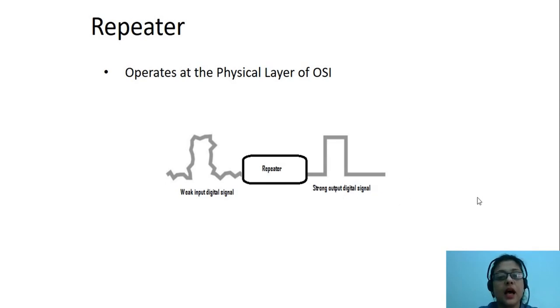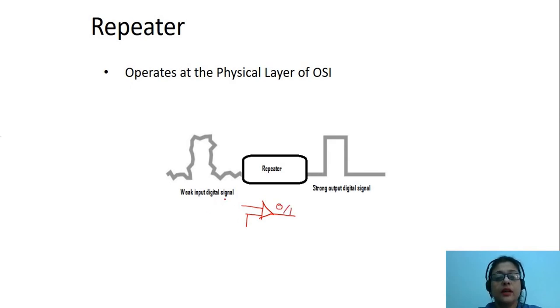Now let us see how this actually happens. Here we take a comparator. A comparator is a device which can compare two different signals, and based on the value of the two different signals, the comparator gives either a 0 or a 1.